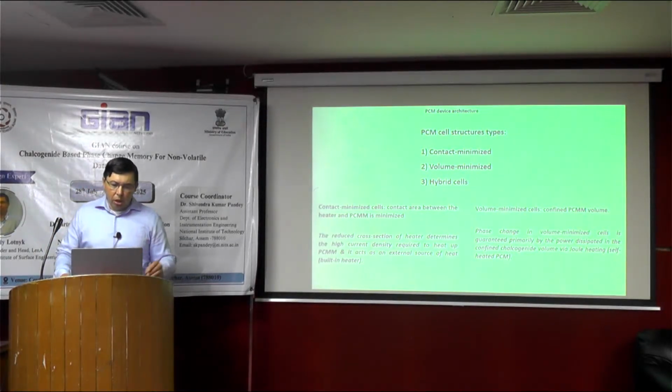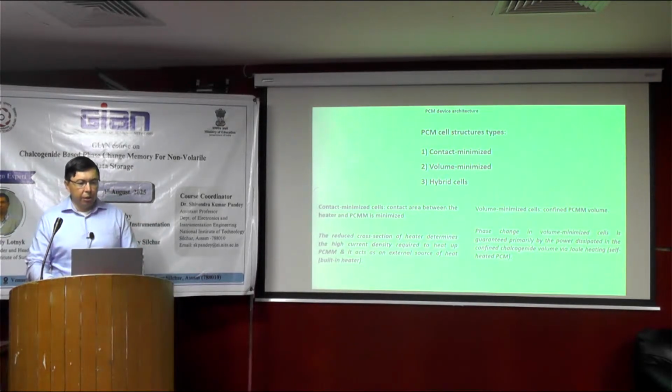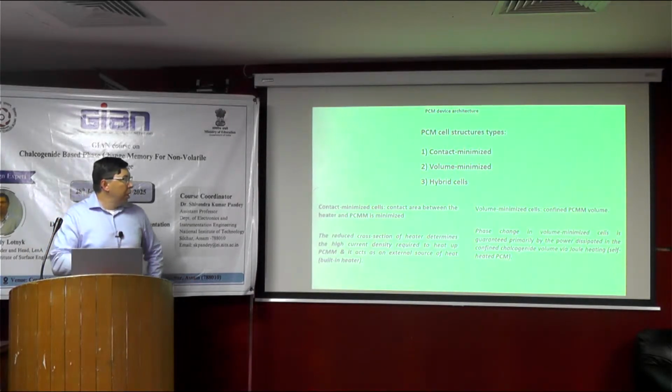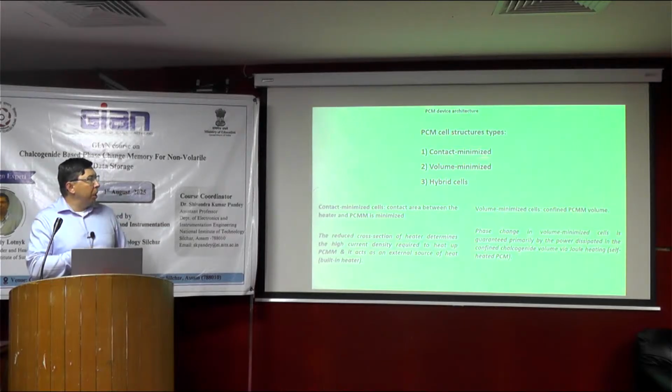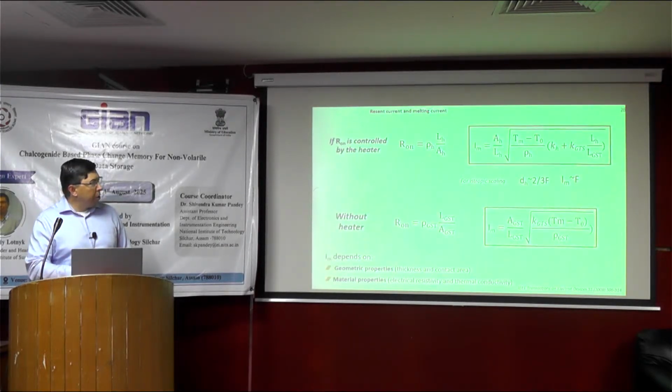So let us look at the different types of devices. In the literature, you find different structures, and they are categorized in three types. One is contact minimized cells, second is volume minimized cells, and third, hybrid cells. So the contact minimized cells are based on this equation.